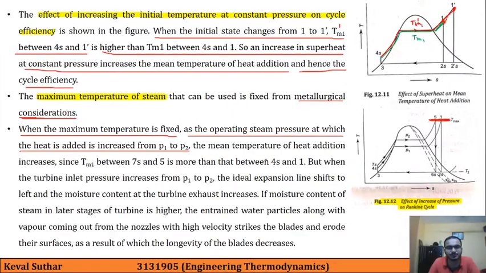So here the mean temperature of heat addition increases, because Tm1 is between 7s and 5. That is, we are going from 7s to 5.